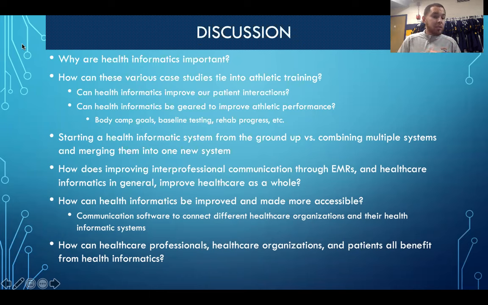The healthcare organizations were projected to gain money at the end, and the patients improved their quality and estimated life, and they also decreased their overall costs. That's amazing. If you think about all three of those things just from that diabetes prevention program, we can apply that to our athlete population, where we can benefit, our governing body can benefit, and the athletes can benefit all together.